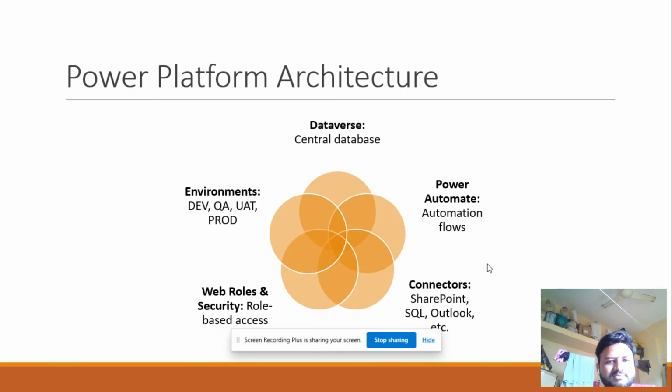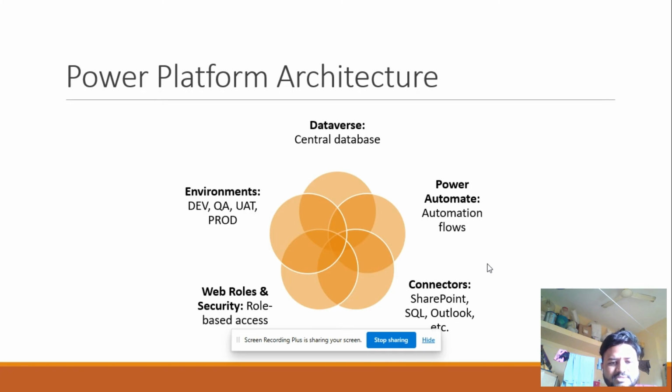Now the Power Platform architecture. What does it cover? First, the Dataverse, the central database table. Then Power Automate, the automation flow, which triggers the flow from the backend. Then the connectors: SharePoint connector, SQL connector, Outlook, or any other required for the Power Apps.